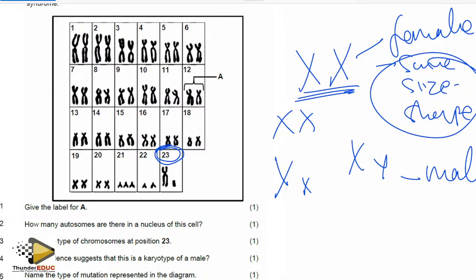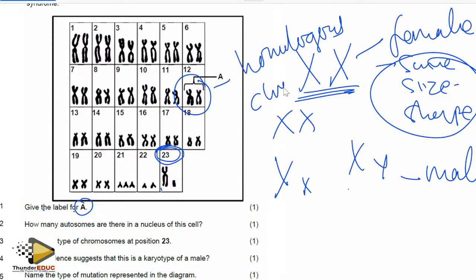All right, let's go to this question now. Give the letter of A. What is A? These are homologous chromosomes. Remember, chromosomes which look alike have the same shape, size, and genes at the same locus.